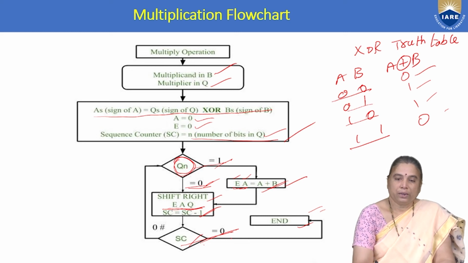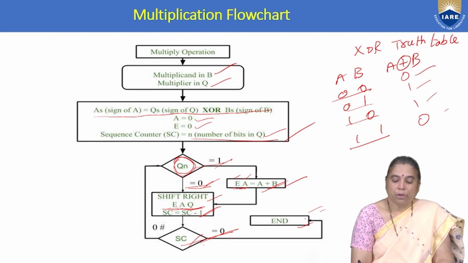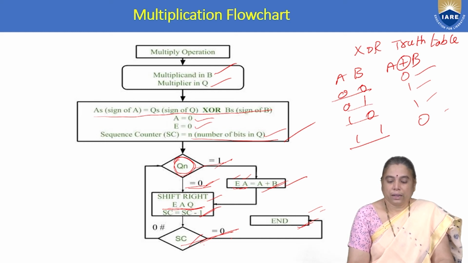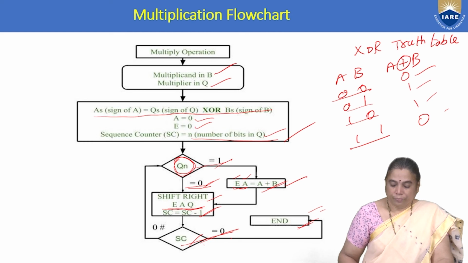If at all Qn is 0, directly shift right operation can be applied on EAQ and the sequence counter can be decremented. If sequence counter value is 0, then end the process. Whatever the content of the registers contained in the EAQ is the product. So in this way, the binary multiplication can be carried out.